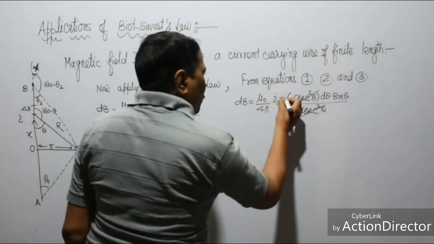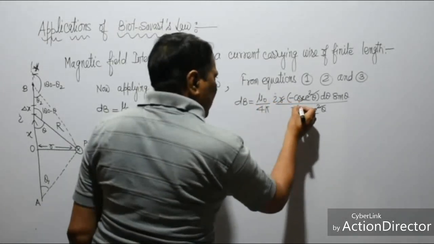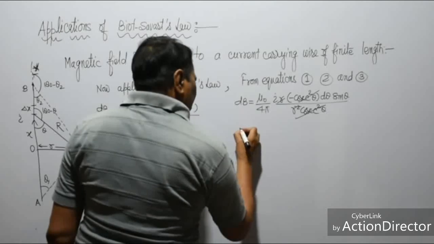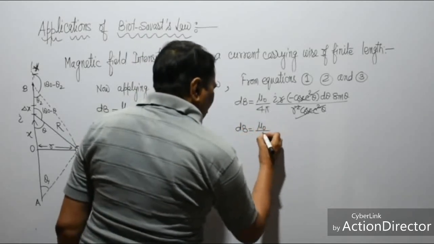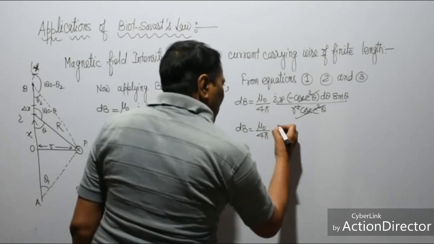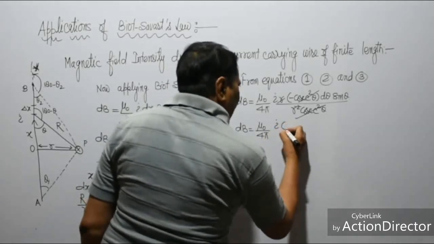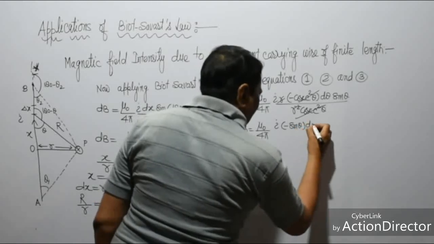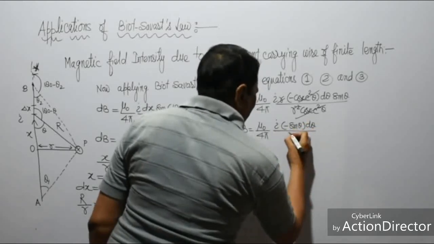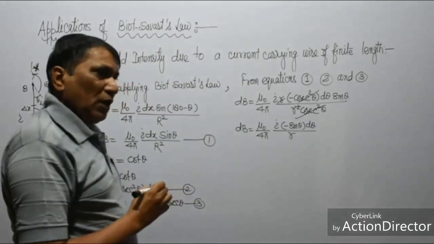One of small r cancels this small r. So we have dB is equal to mu 0 upon 4 pi I minus sin theta d theta divided by small r.